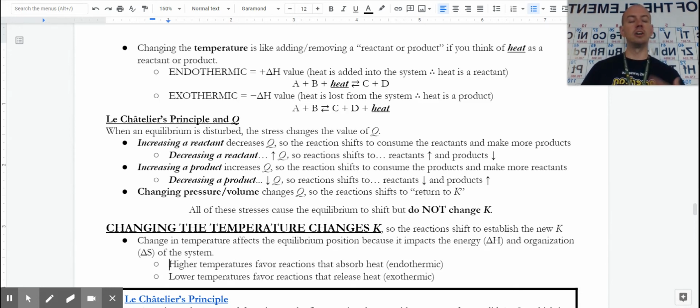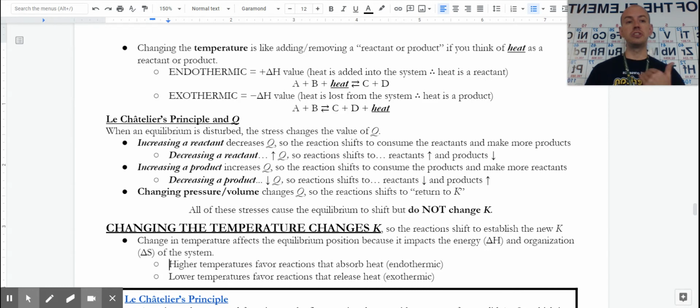It impacts the energy of the system, and it impacts the organization, disorder, and what we call the entropy of the system. So at a new temperature, our products or reactants actually become more or less favorable.